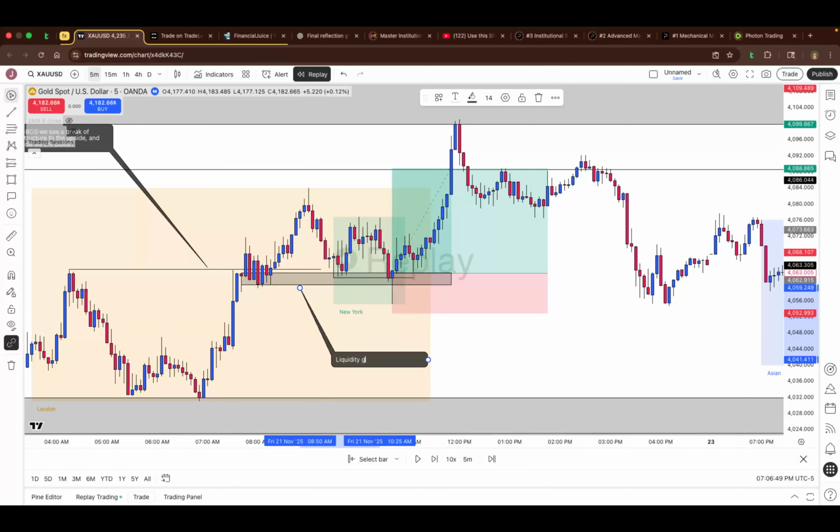Liquidity again is under this area. We see price tap into this area again, and what do we want to see during New York?